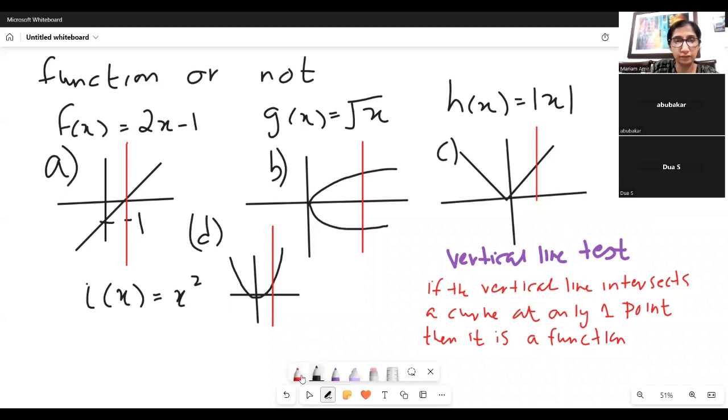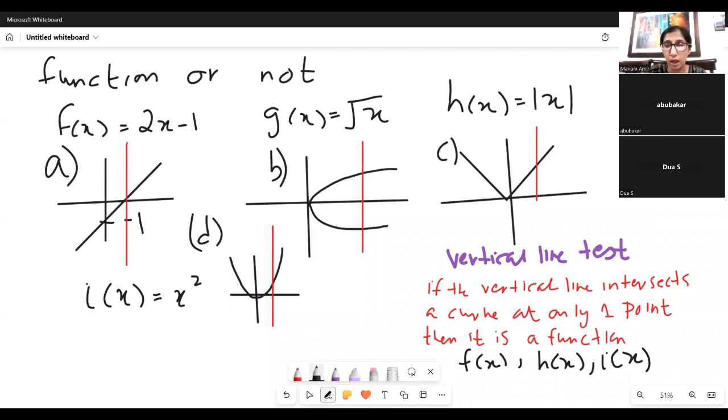So in this case, like Dua said, f(x) is a function, h(x) is a function, i(x) is a function, because they satisfy the vertical line test, or because they pass the vertical line test.